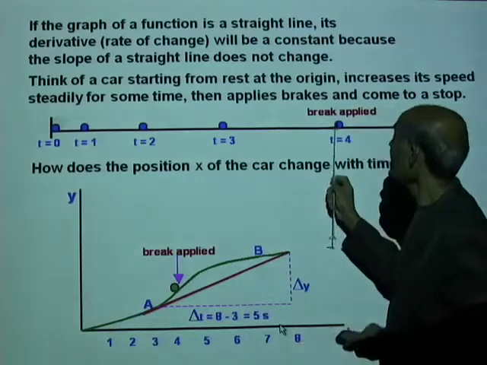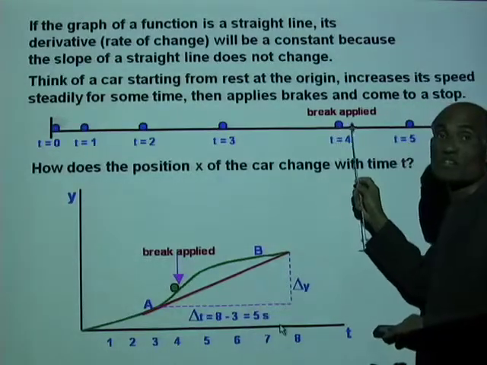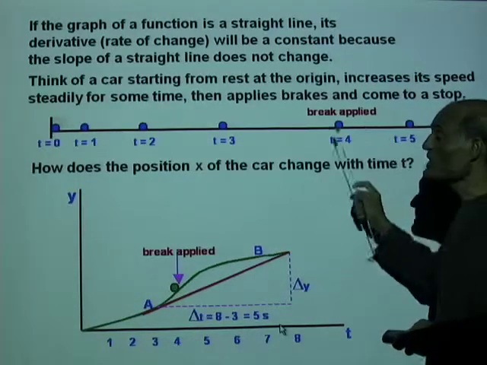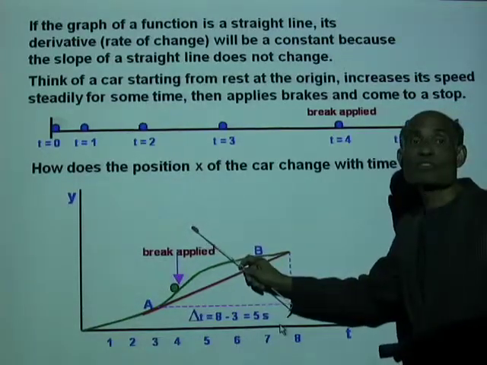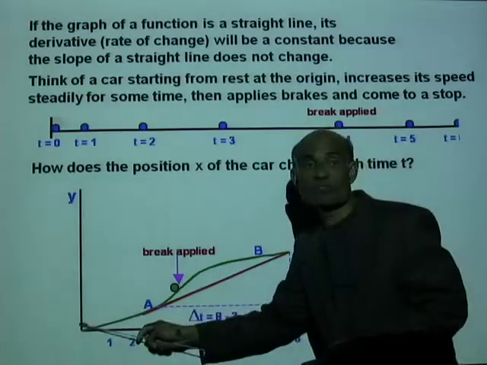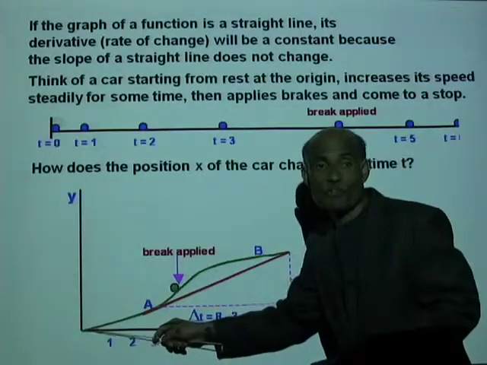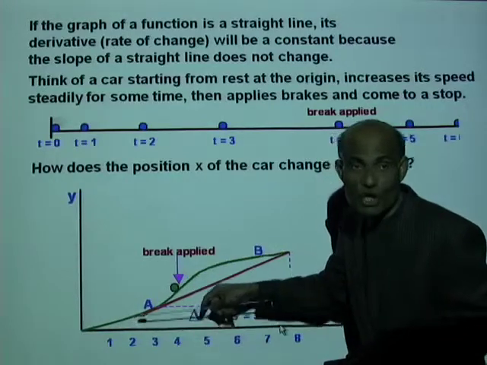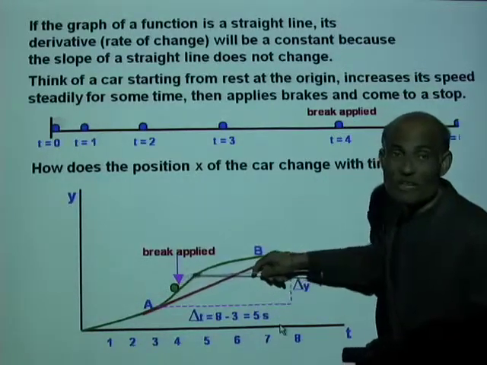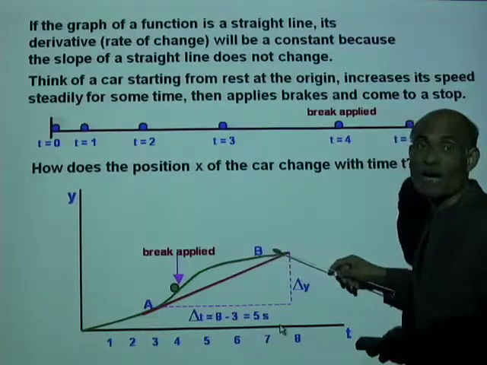Now, how about here? Each time the time changes by 1 unit, the distance decreases. In other words, the graph will curve down. So if you look at the graph I have drawn, for the first 4 seconds, the graph will curve up, and the next 2 or 3 seconds, the graph will curve down.